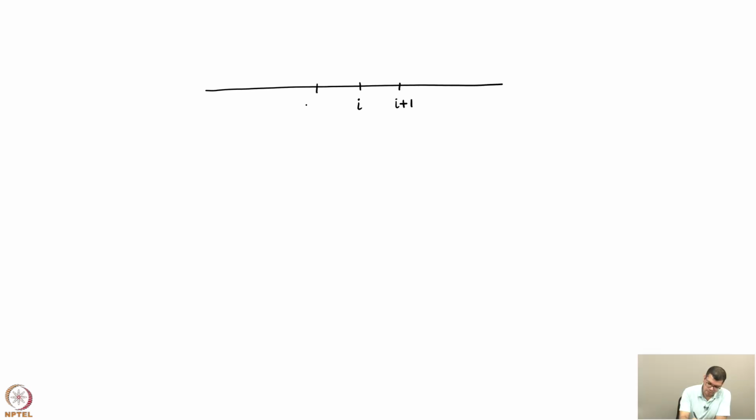And if you recall, beta I upon alpha I was simply this ratio: if we are at stage I and from there in one more step we can go to I plus 1, this probability was alpha I, or we can go to I minus 1, this probability was beta I, and we simply need the ratio of these two.